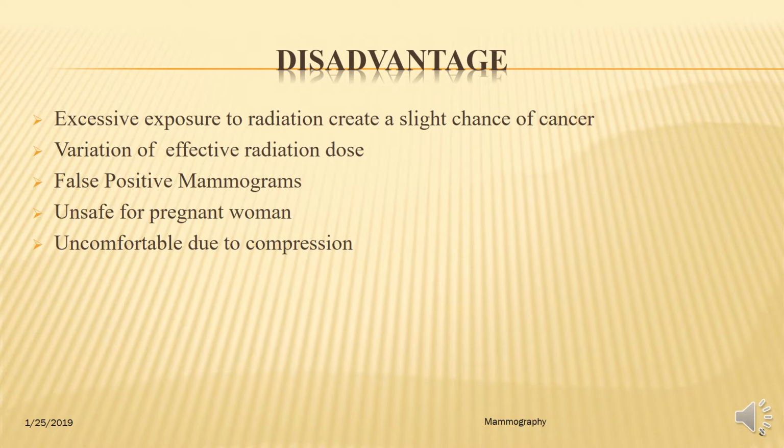It is estimated that a woman who has yearly mammograms between age 40 and 49 has about a 30% chance of having a false positive mammogram at some point in that decade, and about a 7% to 8% chance of having a breast biopsy within a 10-year period.